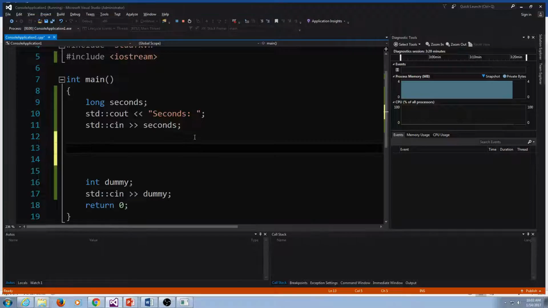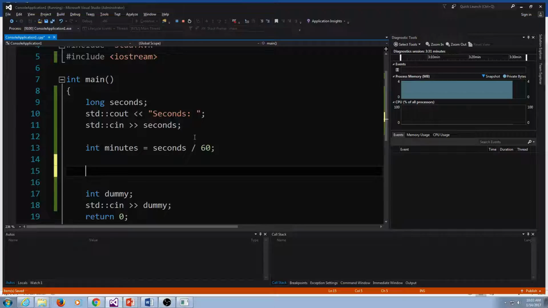So if I take seconds here, I make a new variable called minutes, divided by 60. I can just do minutes and seconds left over.